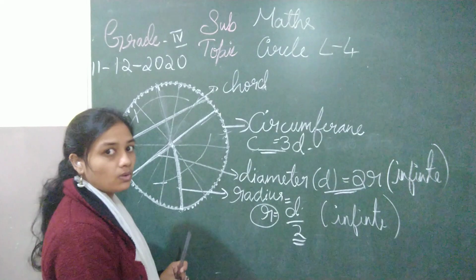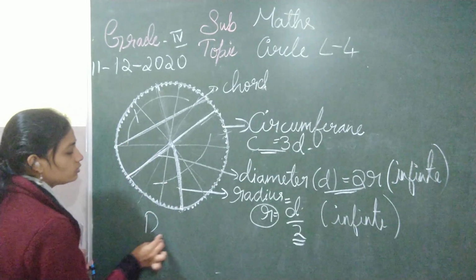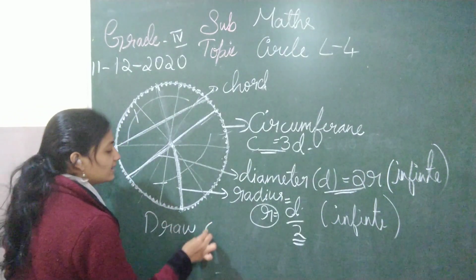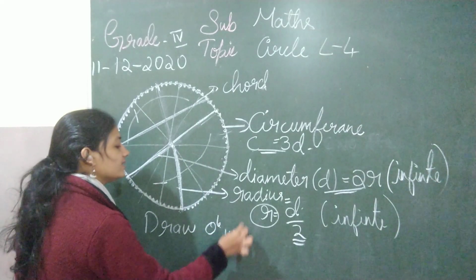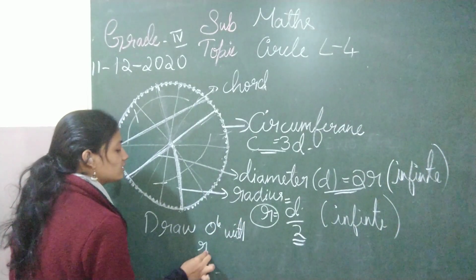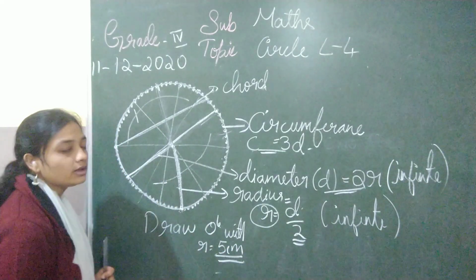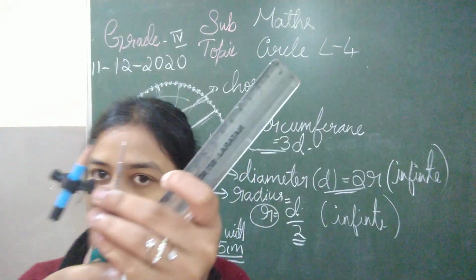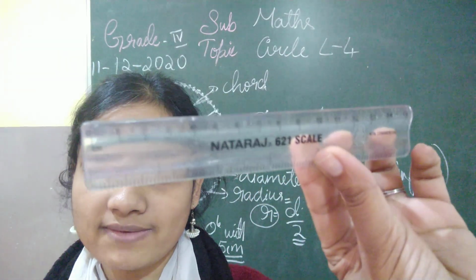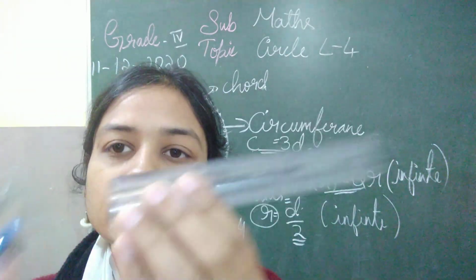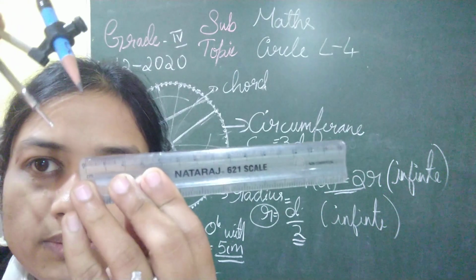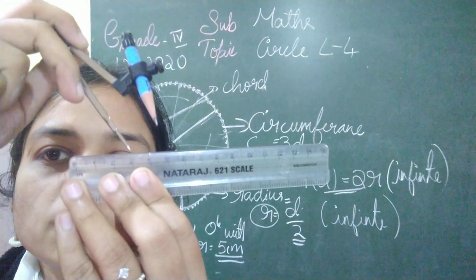Okay, I will give you an example. I will ask you to draw a circle with radius 5 centimeter. If I ask you like this, you should take your compass and you also have a scale with you. And you can see the numbers here, from 0, 1, 2, 3, 4.